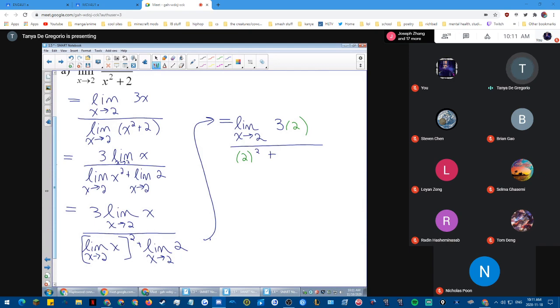And then here, it just equals 2 because it's a horizontal line. Remember, guys? The limit of 2 is just 2. And so now, no, I didn't need this. Sorry, guys. I've taken the limit already. I don't need that. All right.